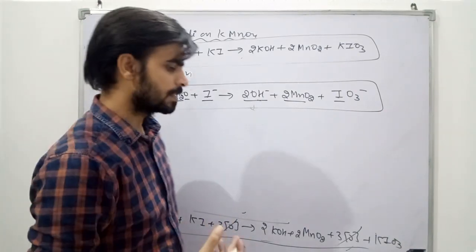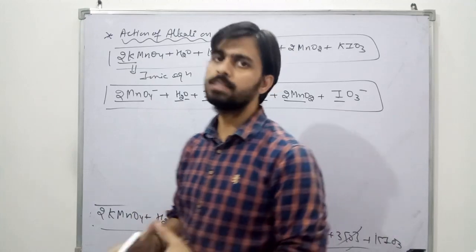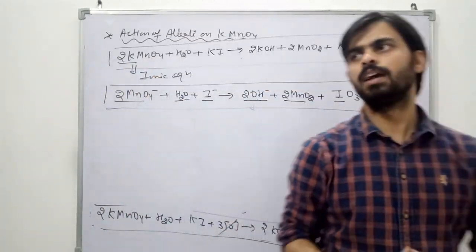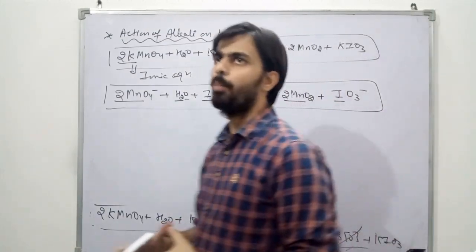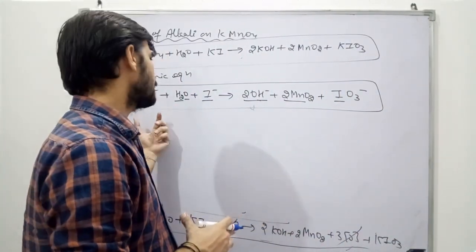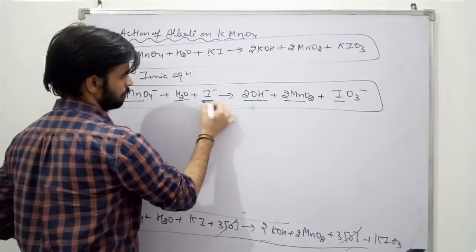So we can understand that potassium permanganate, when treated with alkali, releases nascent oxygen, which is responsible for its oxidizing character and converts many reactants into their higher oxidation state.